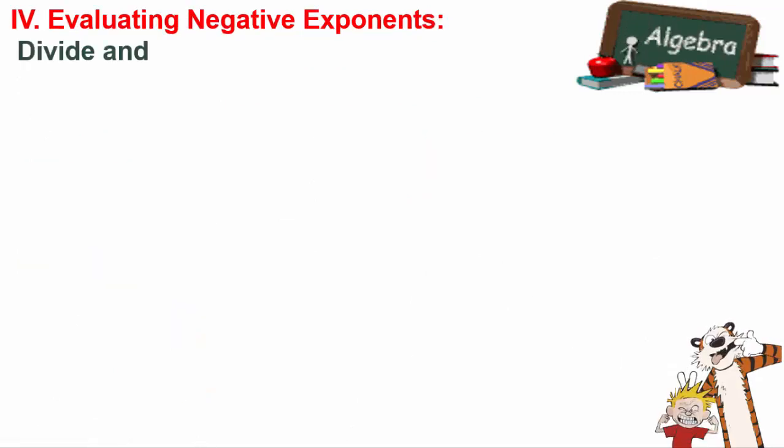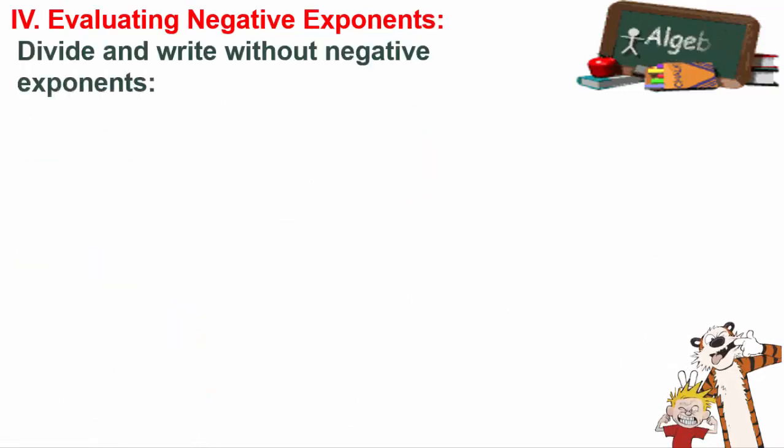Evaluating negative exponents. We want to divide and write without negative exponents. So let's look at a few of these. In number 29, we have 4 to the -3.